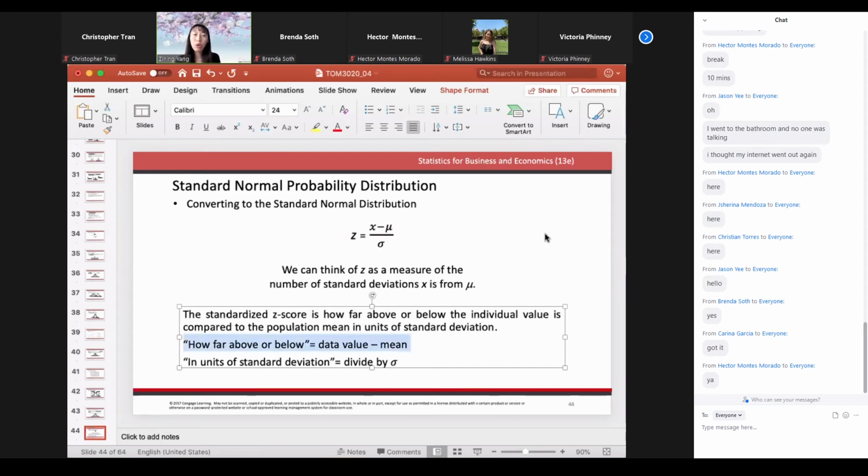So the key point is how far above or below. Again, if the mean is 88, if you are a 92, you are above. But if you are 84 or 80, you are below. But how far? Are you 4 points above or 8 points below? That's simple. Your x minus mu, the deviation.